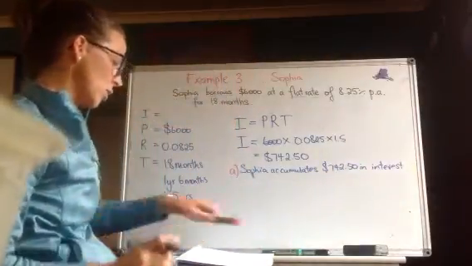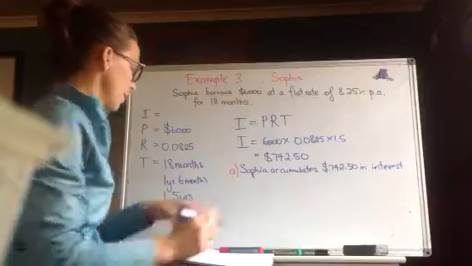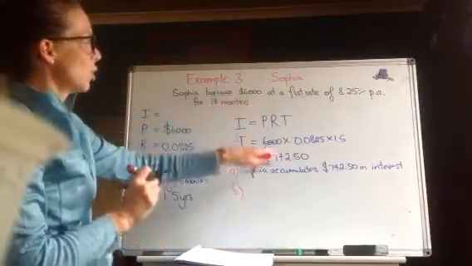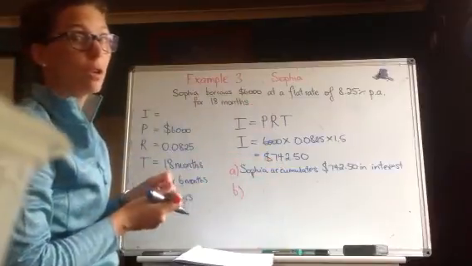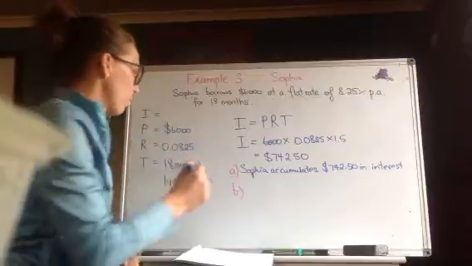And then the second question is, what is the total amount she needs to repay? Okay, so that means she's borrowed $6,000, she earned $742.50 in interest, and now she has to pay both of those parts back.